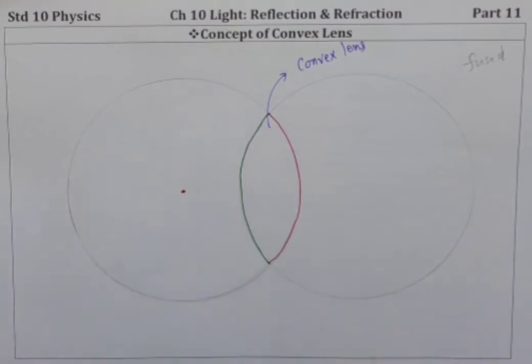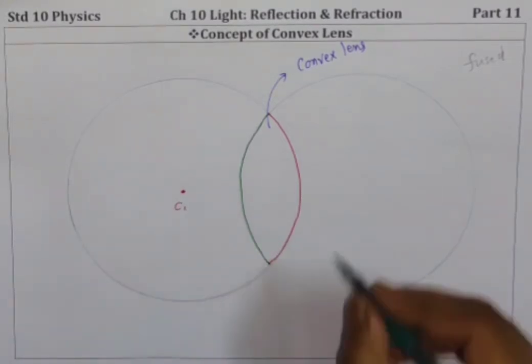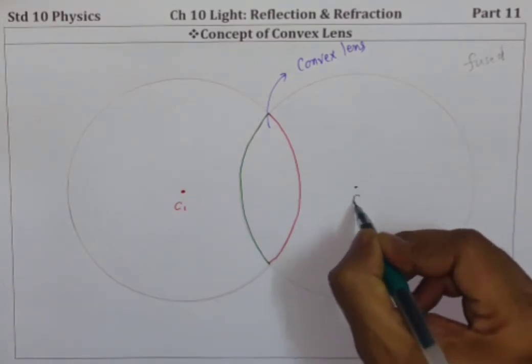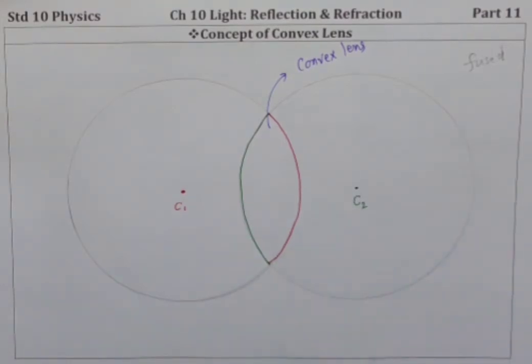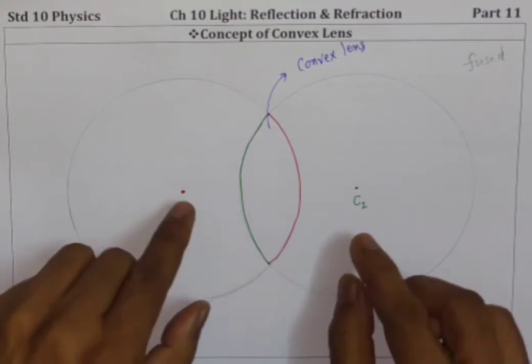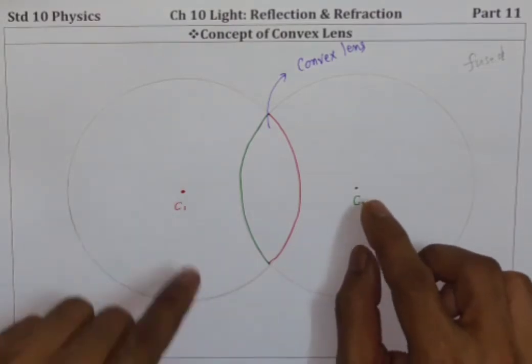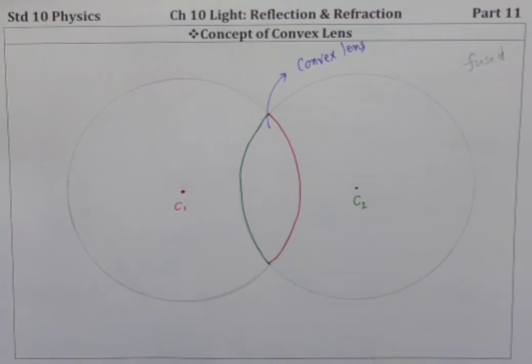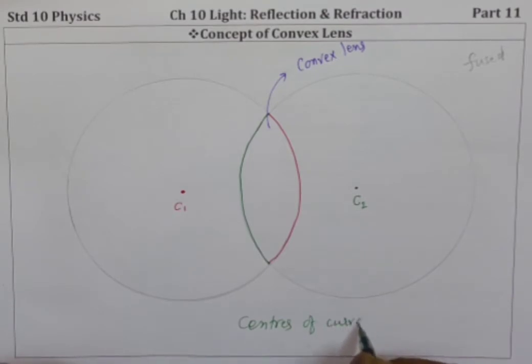This is the red center, C1, let me say, and this is the center of the second sphere, C2. All right, children. Okay, these centers are called centers of curvature of the convex lens.